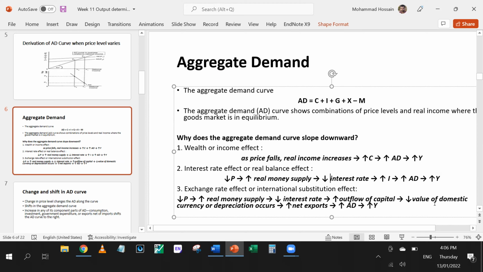When the value of currency goes down, export will be increasing. Now the question is, how does the exchange rate go down when there is outflow of capital? Look, this is known as Dutch disease. What happens is this: when the value of money increases, for example, let's say $1 Australian is 5 Chinese RMB. Now, if someone wants to buy a $10 wine from Australia, they will have to pay 50 RMB.